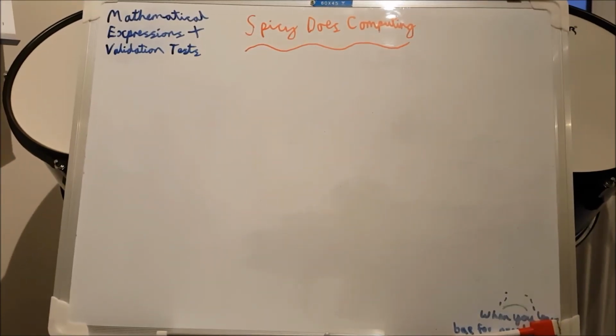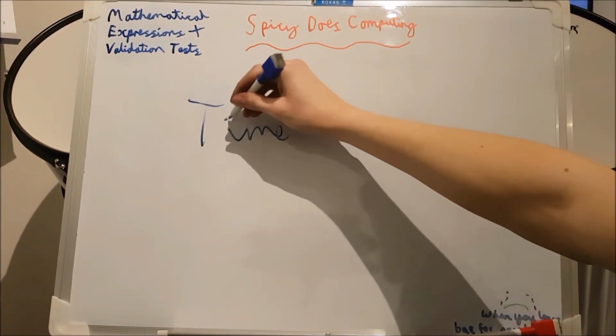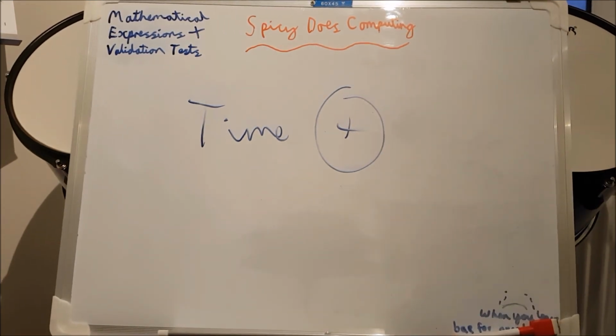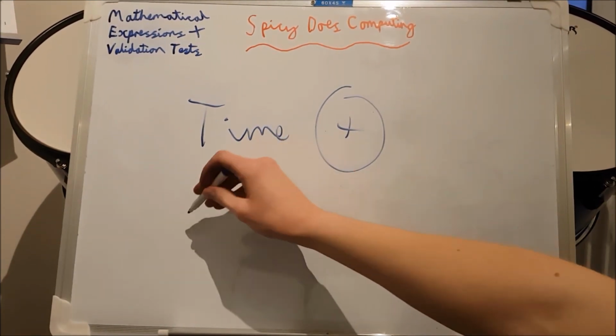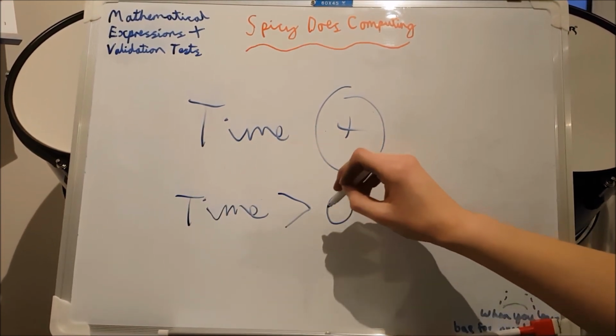An example of validation tests could be if you're given a problem like this. You have a program which requires the input from a user of the times it took someone to run laps around a track, or something similar. So, if you're gaining the input from that in time, obviously, time will have to be positive. So, a validation test for that would be making sure that time is more than 0.